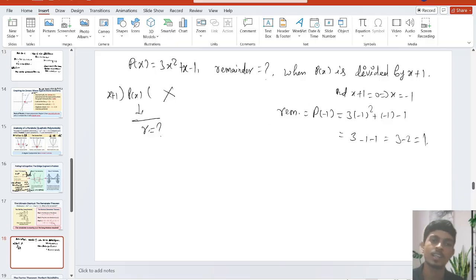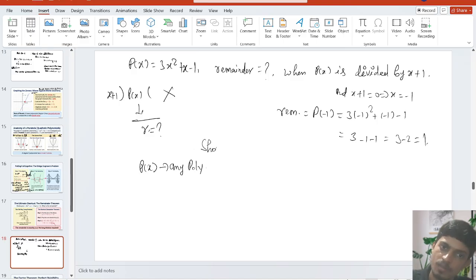We say that if p(x) is any polynomial, and the shortcut is that, what is the shortcut? This shortcut is known as the remainder theorem. This is the remainder theorem. For any polynomial, what is the remainder?